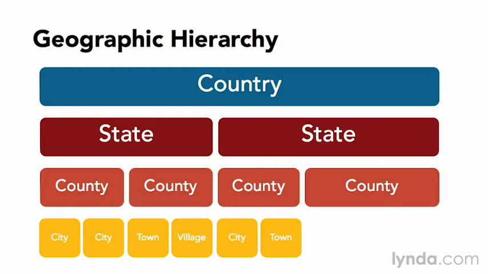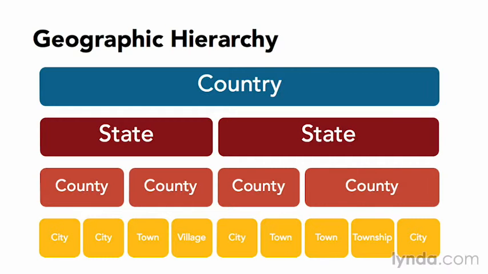Countries or nations with states or provinces, and counties or some other type of organization, and then towns, townships, and so on. So if we look at this as a geography hierarchy, what we could do is say that the members of our hierarchy are countries, states, counties, and then cities, or our local political unit. If we're only using mailing and shipping information, we might not have counties in it at all. It might just be countries, states, and zip codes, for example. This is what a geographic hierarchy looks like.